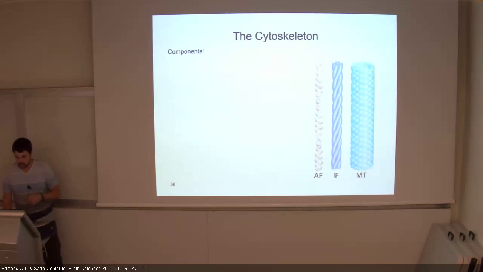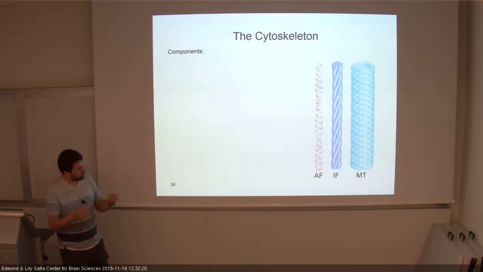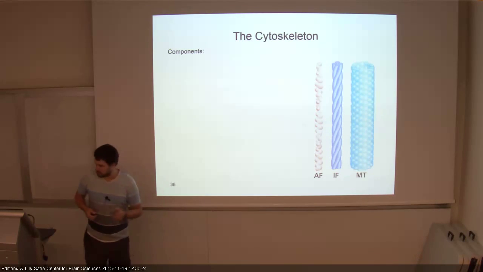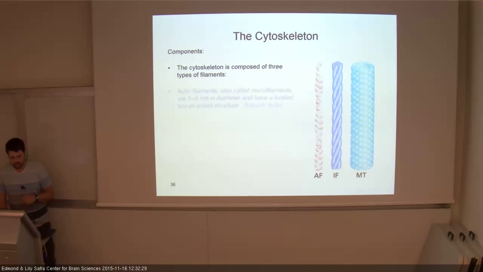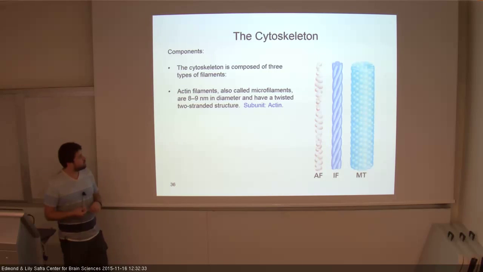So the cytoskeleton in general, it's made from long filament molecules that we can divide into three categories. The first category, which is the smallest of the filaments, is the actin filament. It's also called microfilament because it's the smallest.